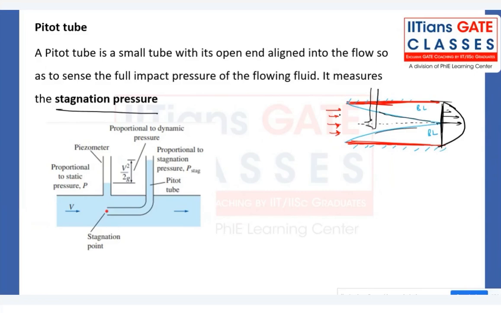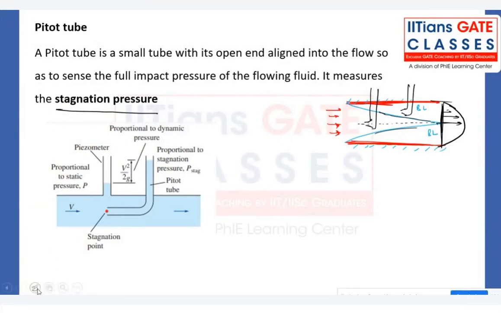That is the reason whenever you see a pitot tube, it is always placed at the center line of the pipe, right? Because Bernoulli is applied outside the boundary layer. You never see a pitot tube placed inside the boundary layer, because the fundamental principle behind this pitot tube is Bernoulli.